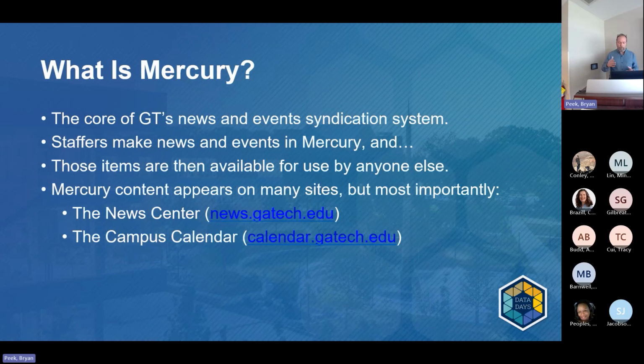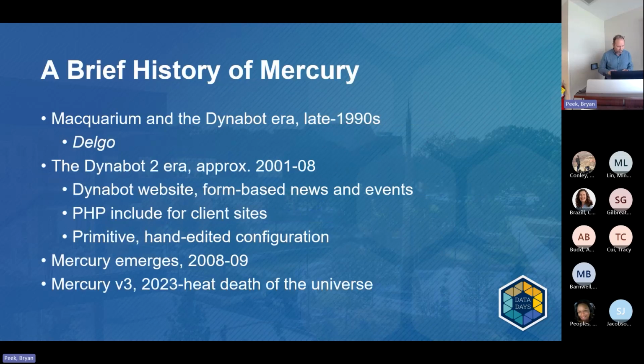In fact, the only way to get content into the campus calendar is through Mercury, and anyone can add anything to the campus calendar. There's a measure of responsibility that goes with that, because it's totally unfiltered. But you have to go through Mercury to do it, and you don't have to have a website in order to create events to put into the calendar. You just have to have a group, which I'll talk about momentarily.